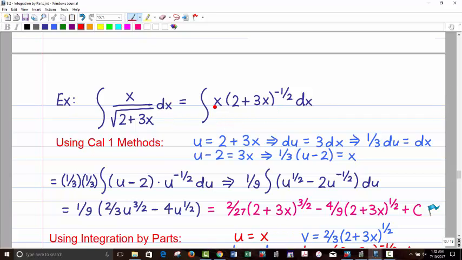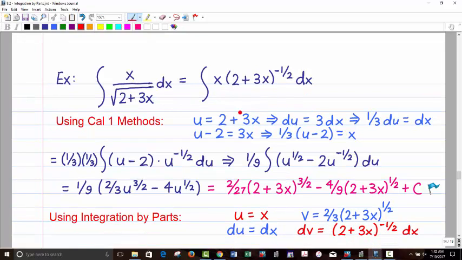When first learning integration by substitution, a student would be expecting that to be 3x squared, because that way the derivative would give you the x that you needed right here. But not the case here. So you still let u be 2 plus 3x, and then your du would be 3dx, and then 1/3 du is dx. So the million-dollar question is, how do I get that x?